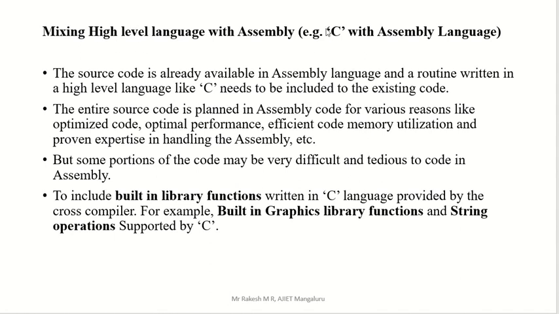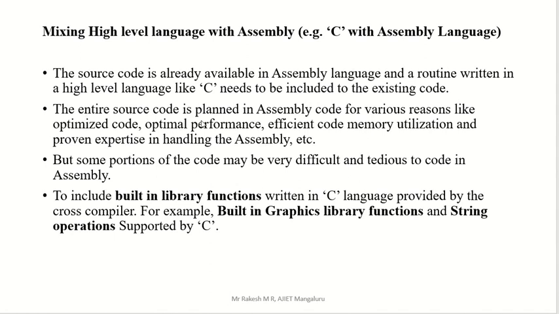Here they gave the example of C. The source code is already available in assembly language, and a routine written in a high level language, some subroutine of 10 or 5 lines, a small program, we are going to write in high level language and then mix. C needs to be included in the existing code. We are going to include C in the assembly, but in the previous one the main code was C and there we included assembly, but here the main code is assembly and there we are going to include C.